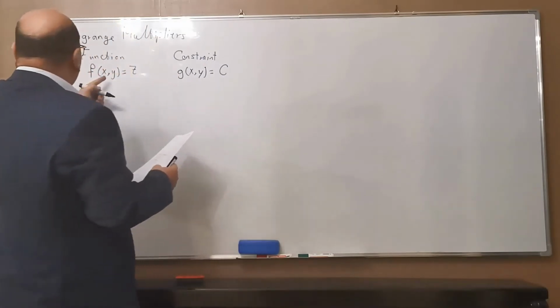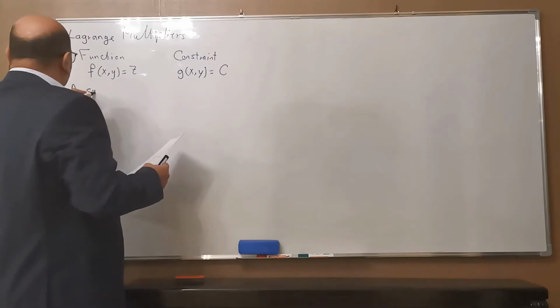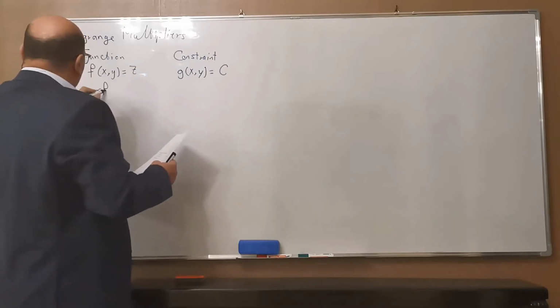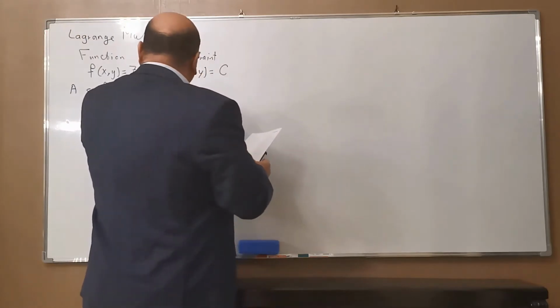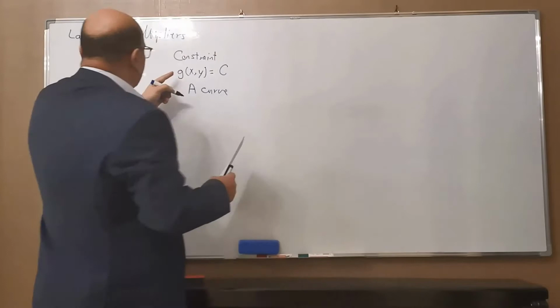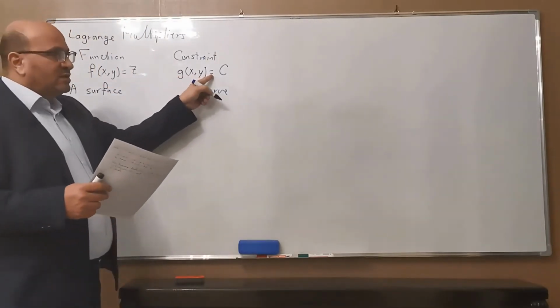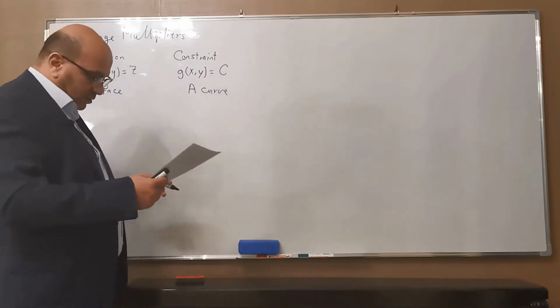So the function here is a surface and the function here is a curve. And notice that the constraint here is equality. It's not inequality, it's an equality constraint.